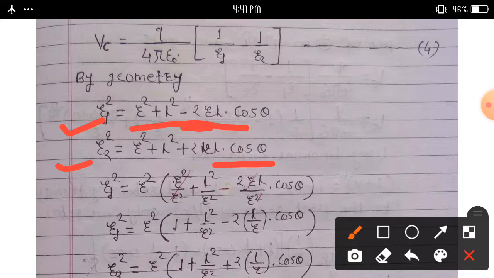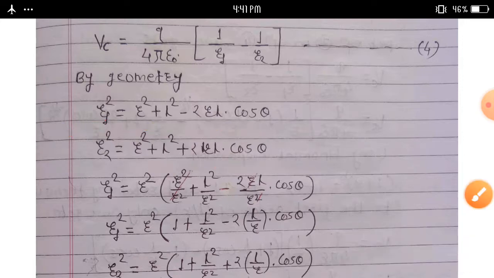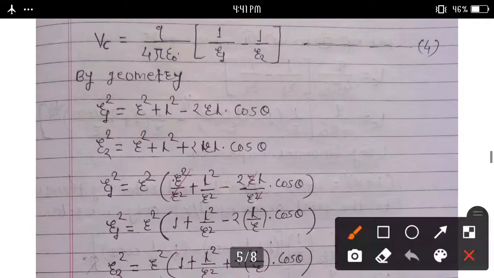Rearranging this equation, we can write r1² is equal to r² (r²/r² + l²/r² − 2rl/r² cos θ).